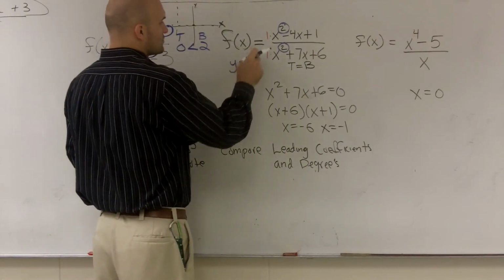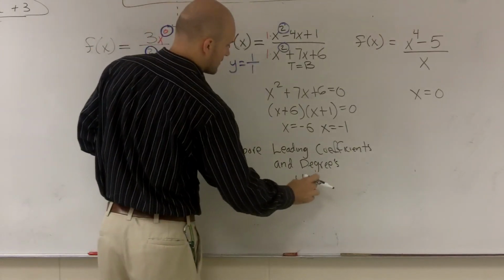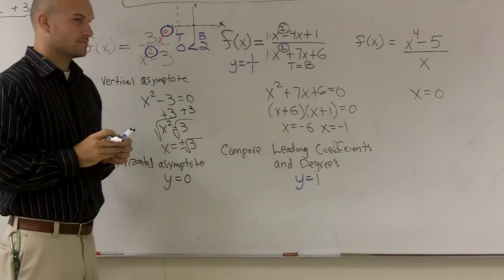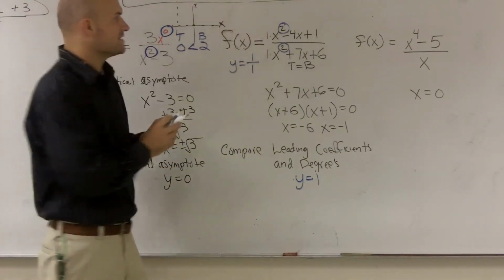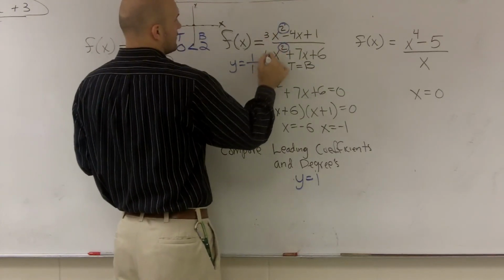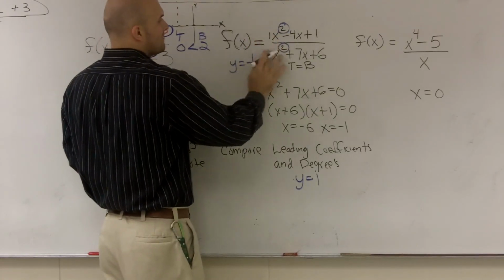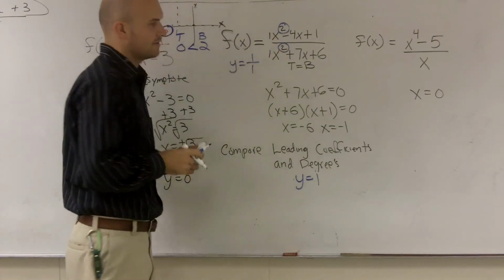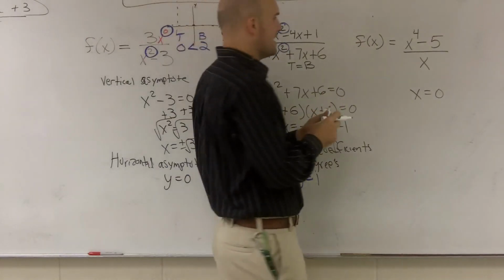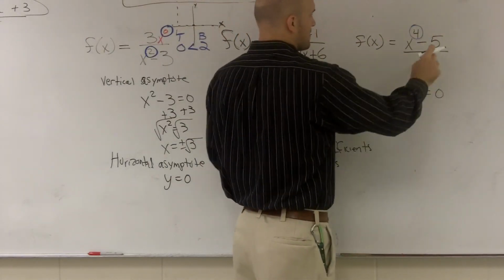So we say y equals 1 over 1, which is 1 in this case. Does that make sense? If this was a 3 and a 4, then it would be 3/4. So just always divide the coefficients.